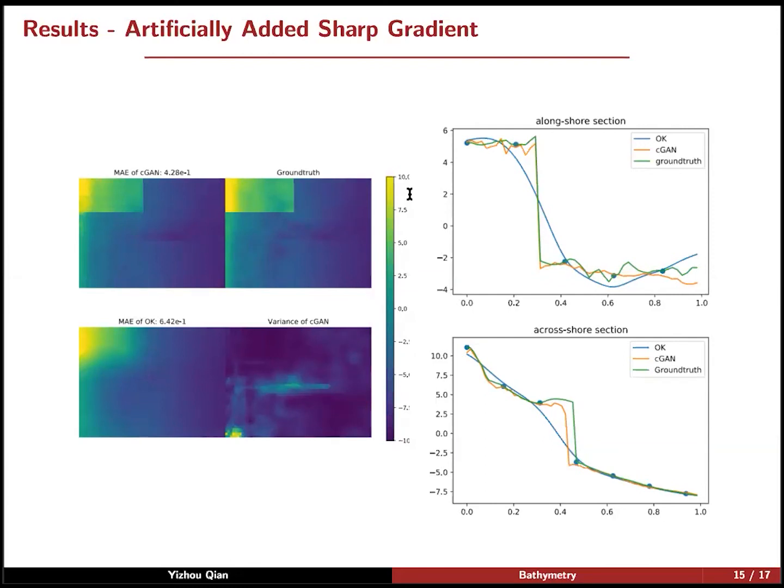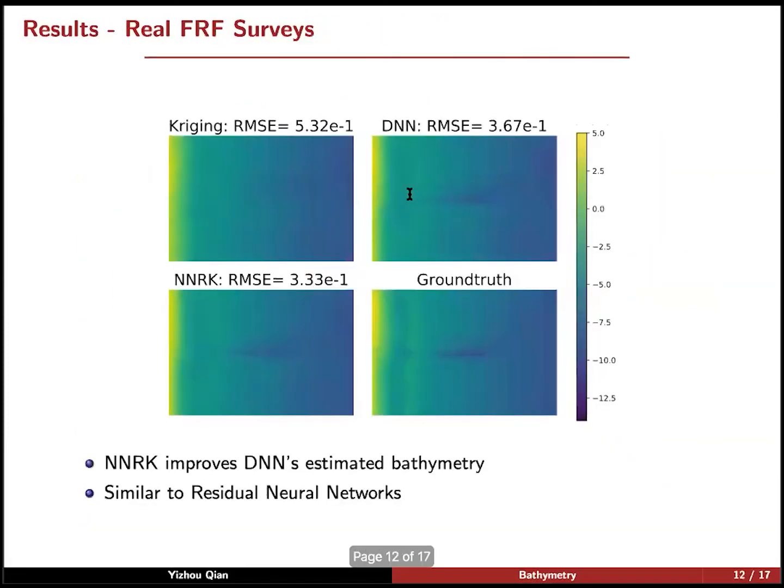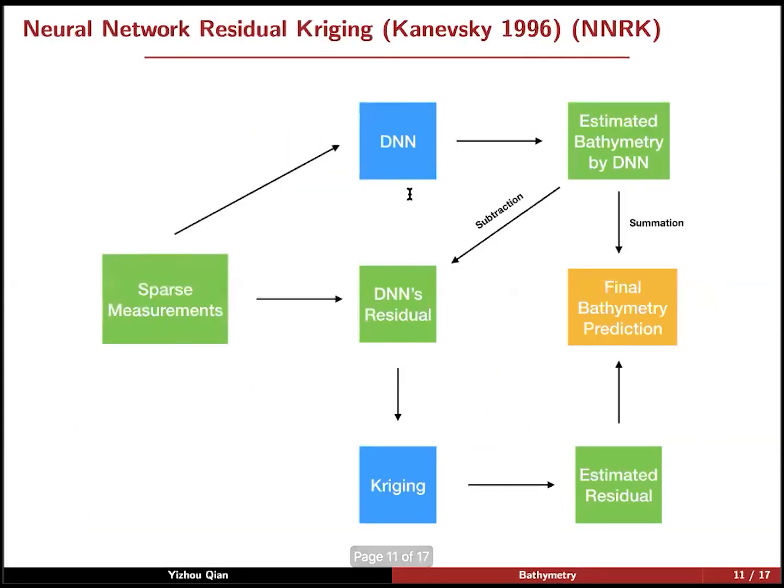And another question about the neural network, residual and Kriging. Did you have just one iteration of the alternating method to get better performance than the others, or do you need many iterations?